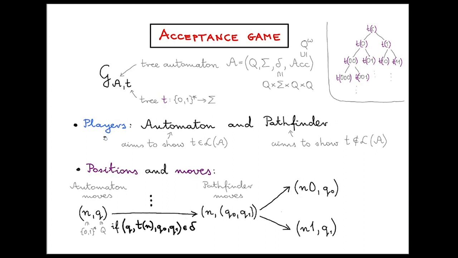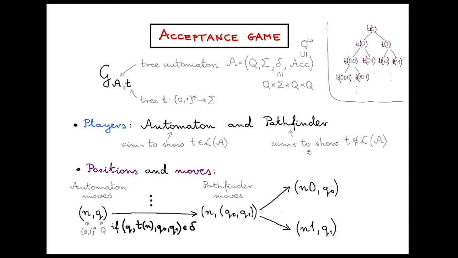In this game there are two players. We call one automaton and the other the pathfinder. And the intuition here is that the automaton aims to show that the tree is in the language of the automaton. Or in other words, the task of the automaton will be to construct, or to prove that they can successfully construct, an accepting run of the automaton.